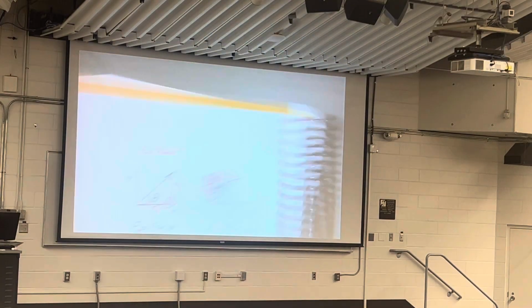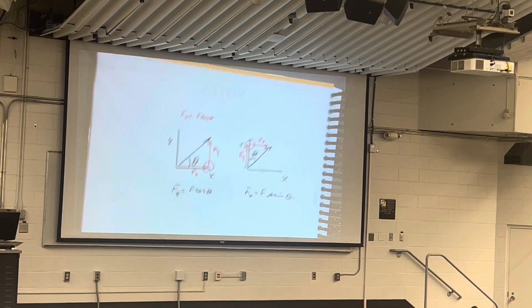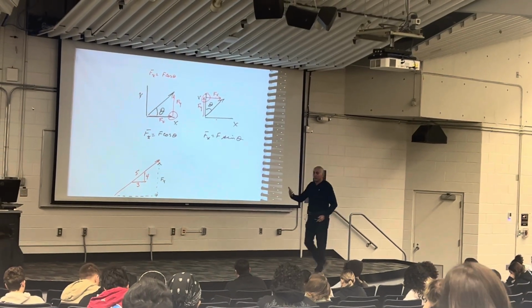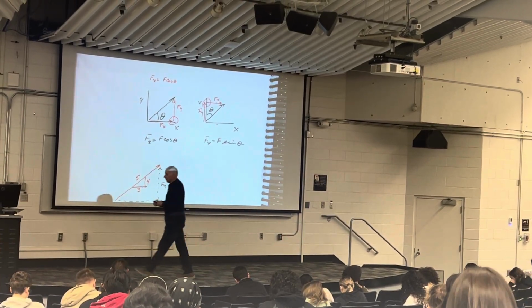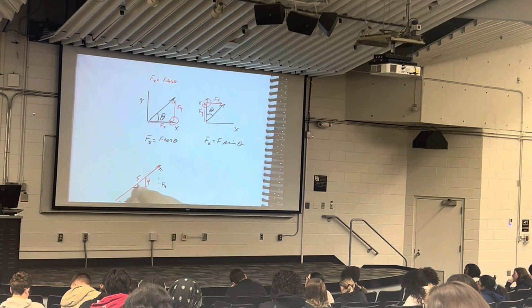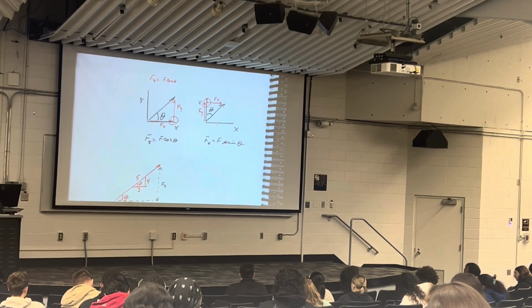Okay, let's talk about that before we go any further. So here's the vector. I have that slope of 3. I can go find the angle. Here's how I would do it. I know this is theta, which means that's theta.